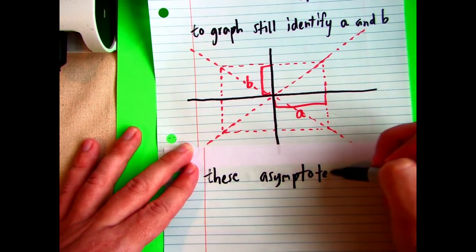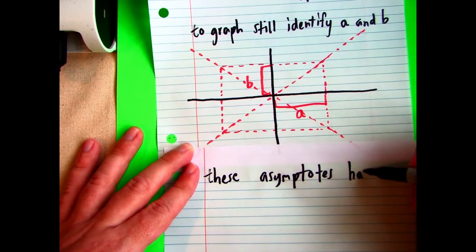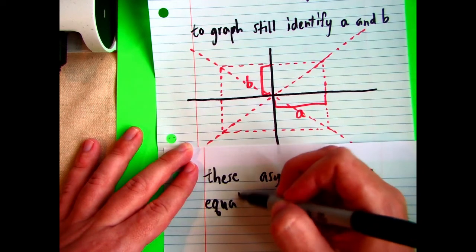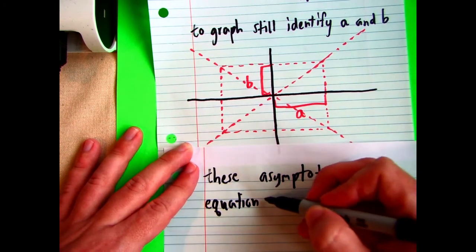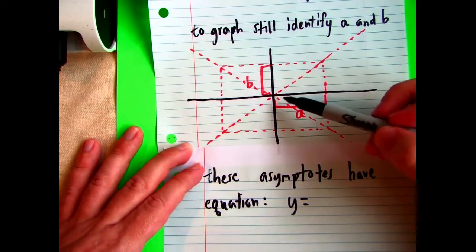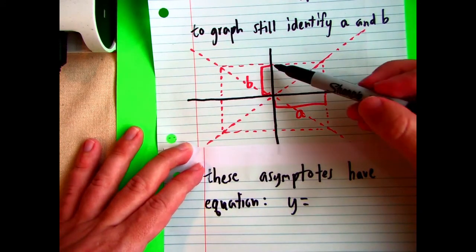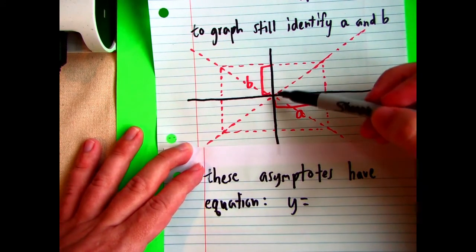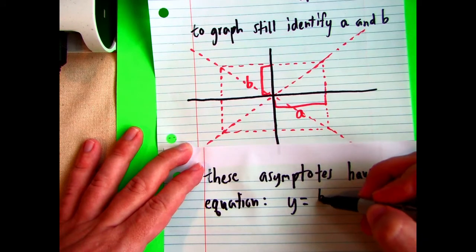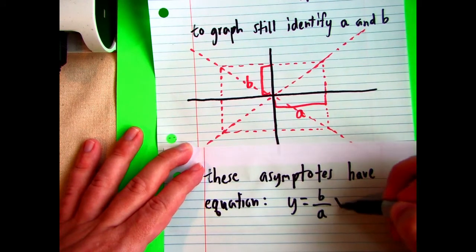So we can write equations for these asymptotes, and that has to do with a and b. If you study this picture that I've drawn, rise over run is b over a. So the slope of this dotted line is b over a.